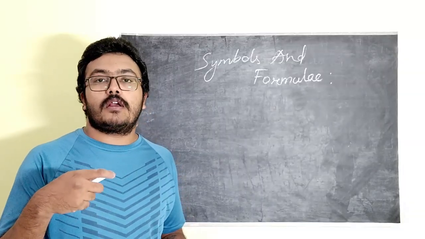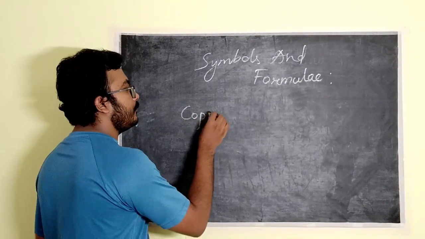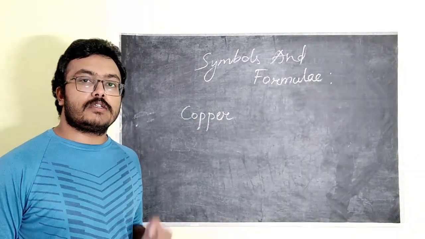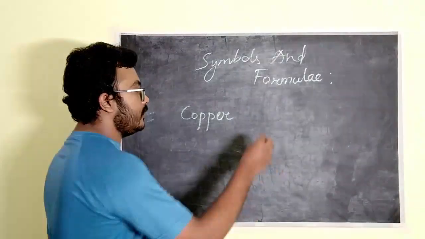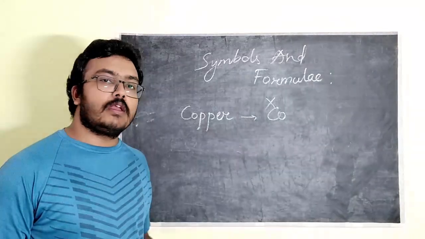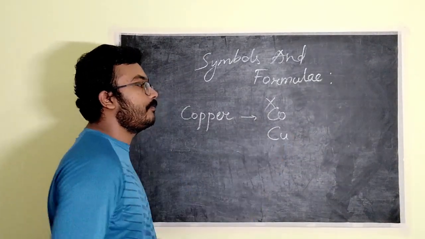Now when we take copper as an example, if I ask you what will be the symbol for copper, if you say Co, it's wrong. The symbol for copper is Cu.